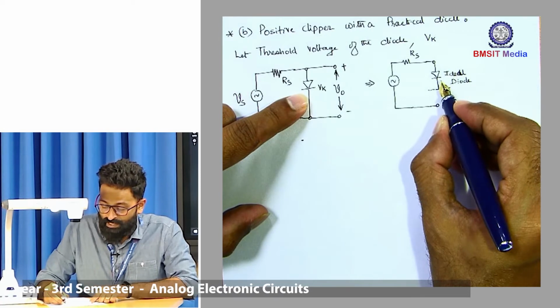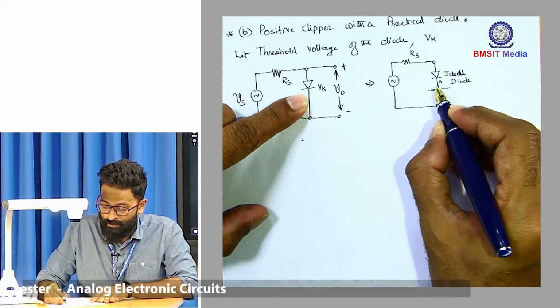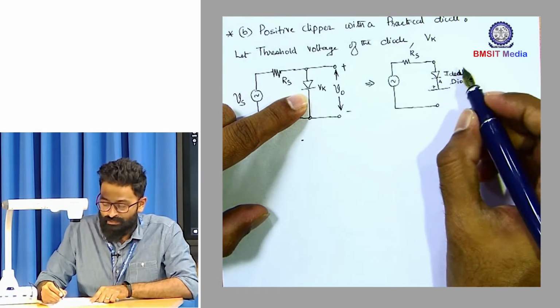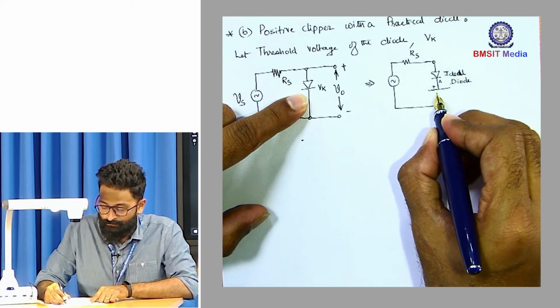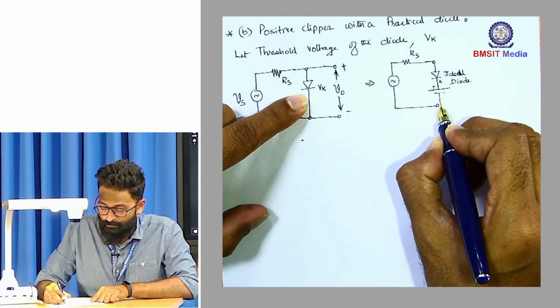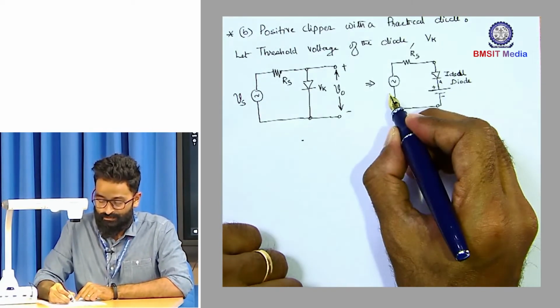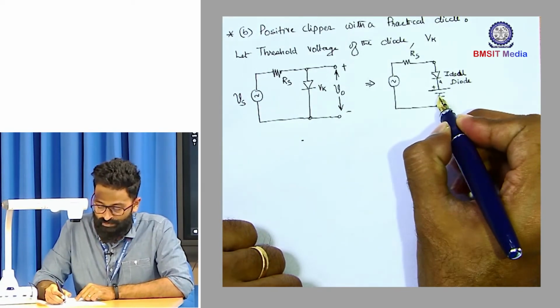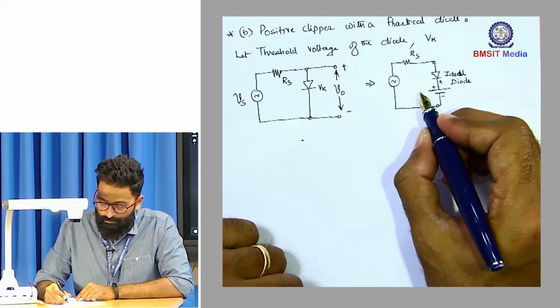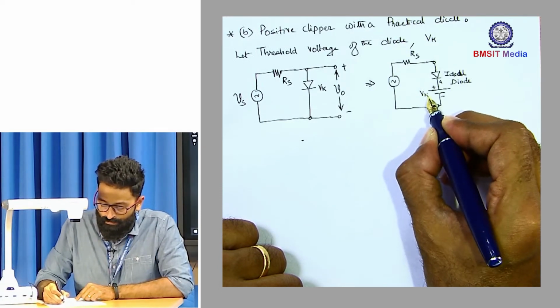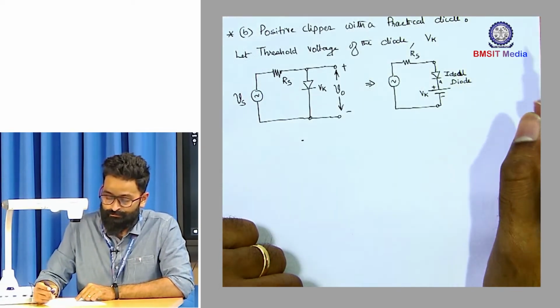So to the cathode terminal of the diode, you need to connect the positive terminal of Vk, and the negative terminal of the barrier potential is connected to the source.